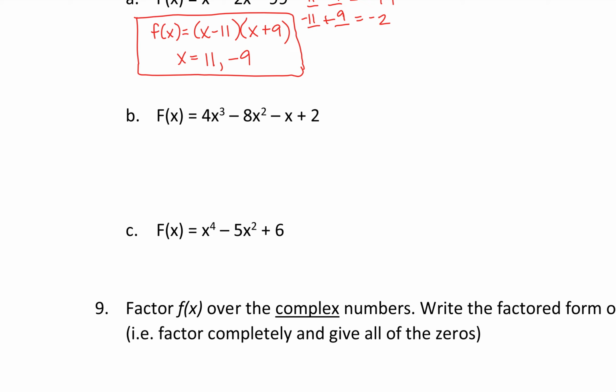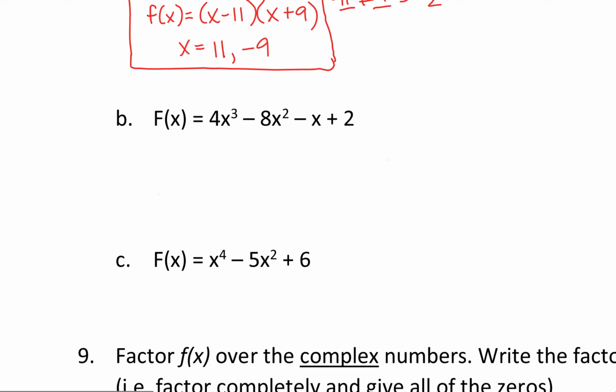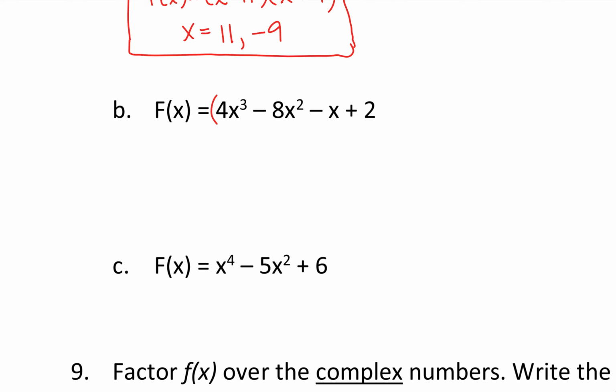All right, so now looking at B, I have 4 terms, so of course I'm going to group the first two, the last two. I'm going to take out my GCF, so I'm pulling out a 4x squared. And we don't like negative terms, so I know I'm going to pull out a -1. So I get a 4x squared out front.